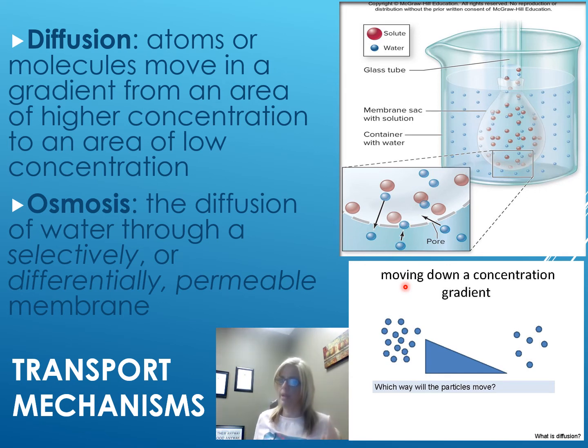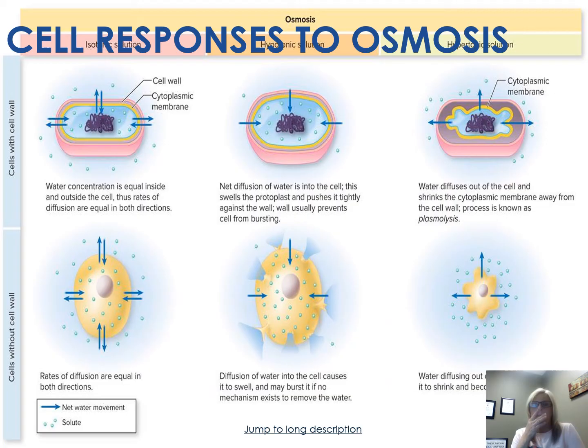No, it doesn't, okay? And so that's going down the concentration gradient. Now, if I'm at the bottom of this hill over here and I want to push a car up, that is going to take a lot of energy. And you'll understand why I'm explaining that in just a moment when we talk about the difference between active and passive transport, okay?